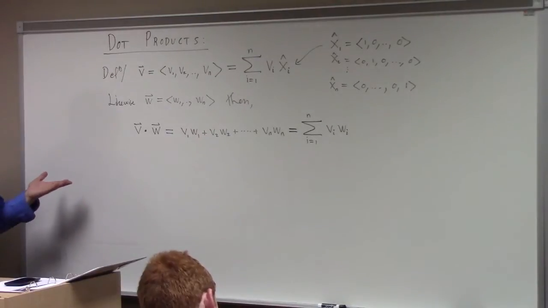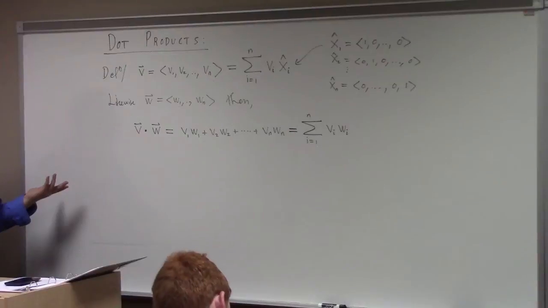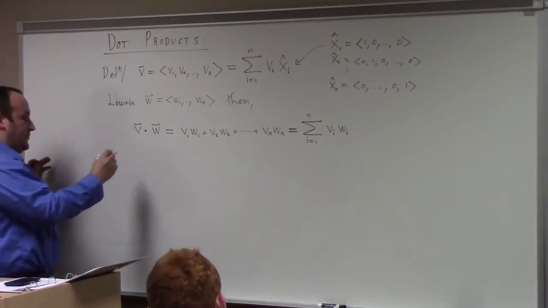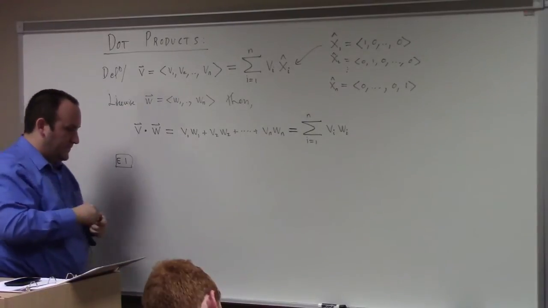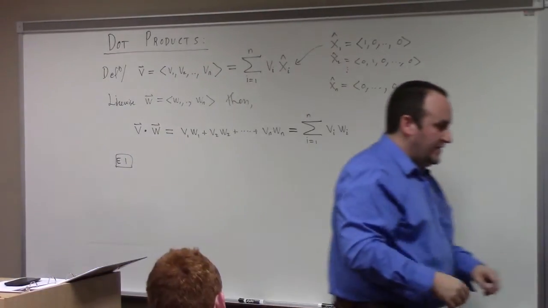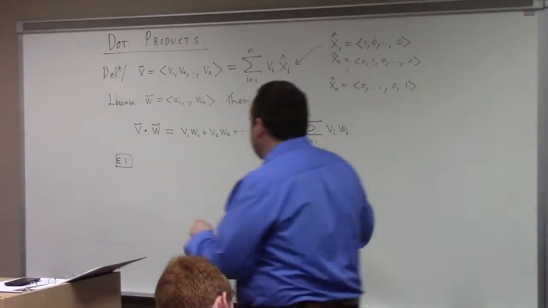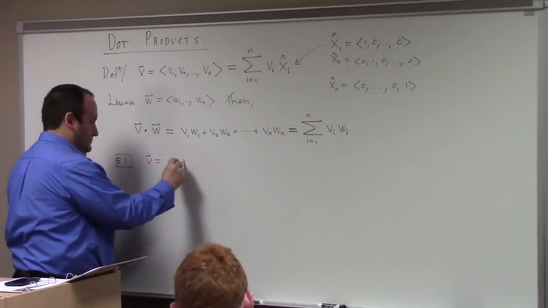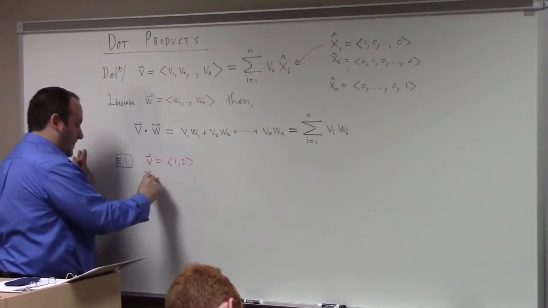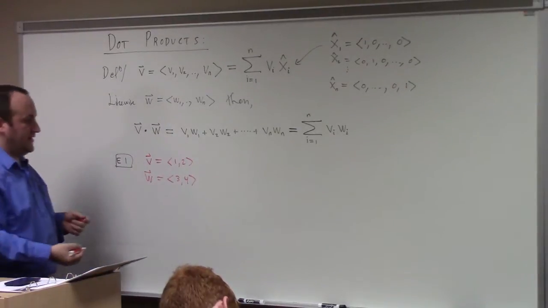So let me show you a couple of examples. For the most part, we're working in 2 or 3 dimensions. So here, example 1. Suppose we have v equals 1, 2, and w equals 3, 4. Let's calculate the dot product of v and w.